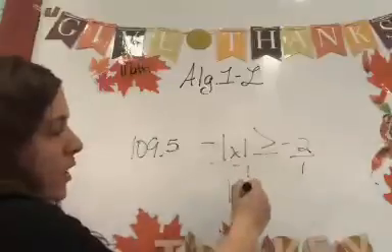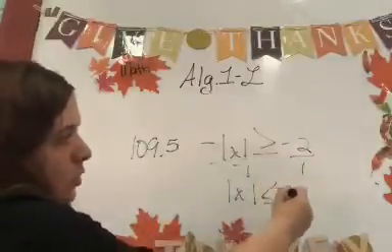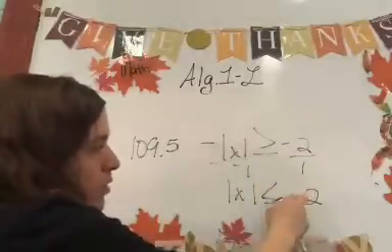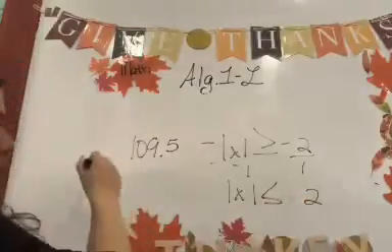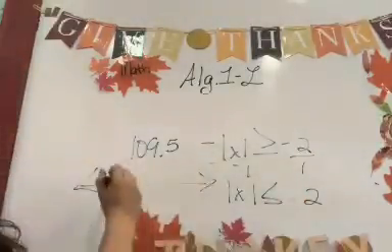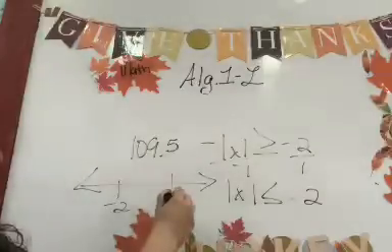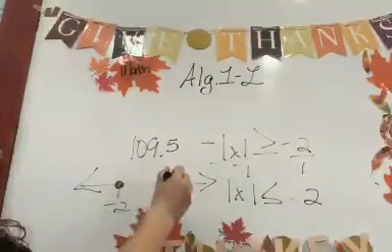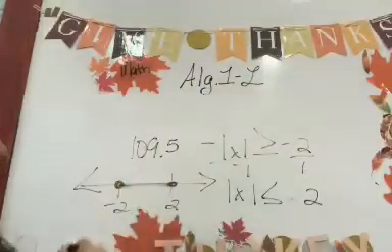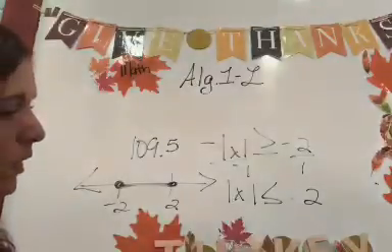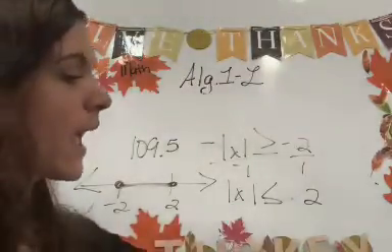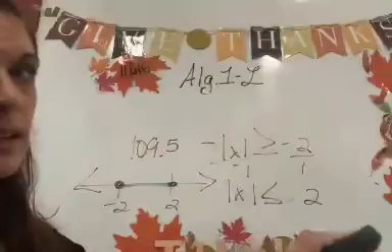The absolute value of x is less than or equal to positive 2, which is going to give you the number line of negative 2, positive 2. These are included because it's equal, and everything in between. Okay? Go ahead and try letter A and letter B, and let's check our answers.